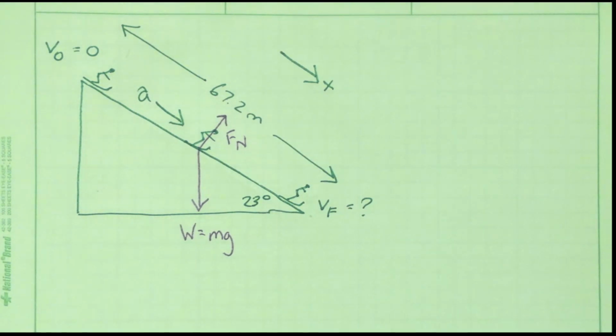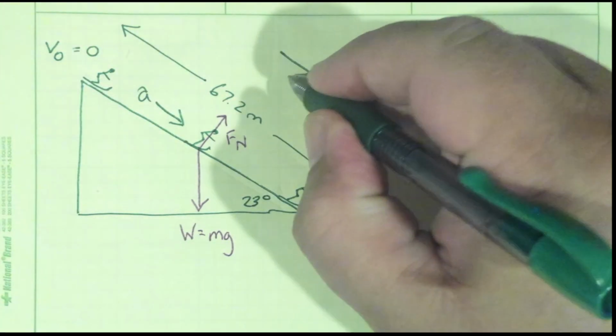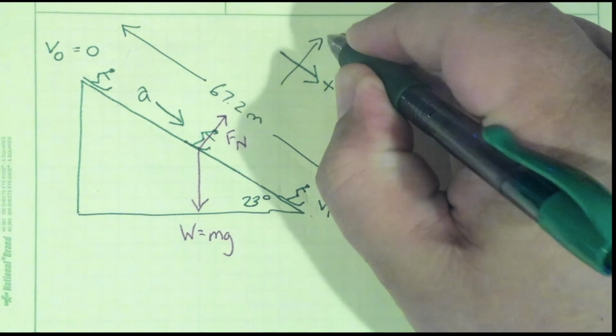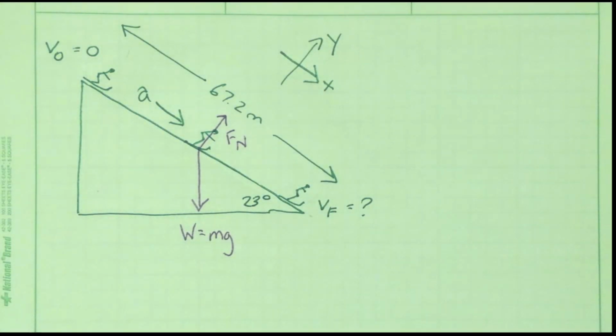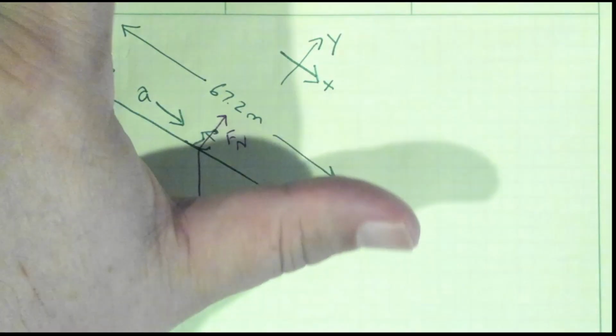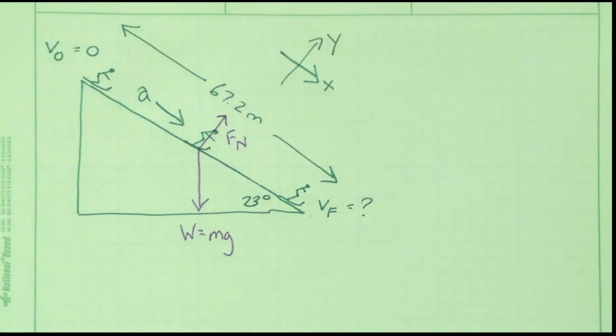And the Y direction does not have to be vertical, but it does have to be perpendicular to X. So we can draw in a new coordinate system. We just take the traditional Cartesian coordinate system and twist it so that now X is down the slope and Y is perpendicular to the slope. This is a very convenient coordinate system to use for inclined surfaces. And we'll see the advantages as we work through the problem.